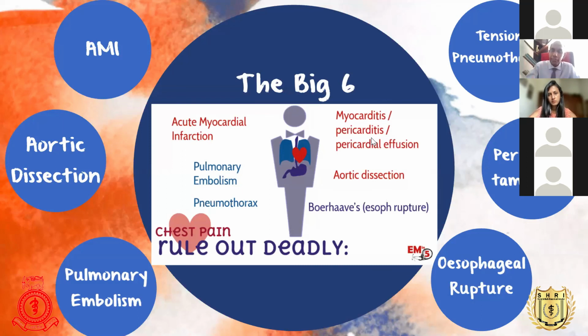So you can have ECGs which show left ventricular hypertrophy and non-specific ST and T changes, especially in lateral and inferior leads.